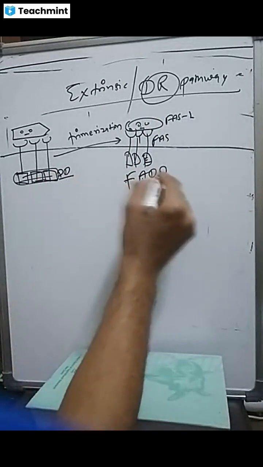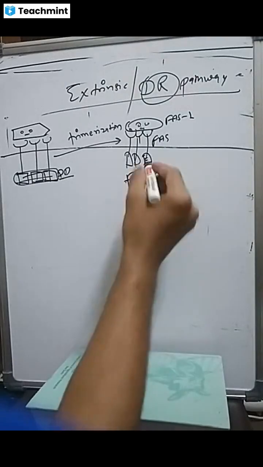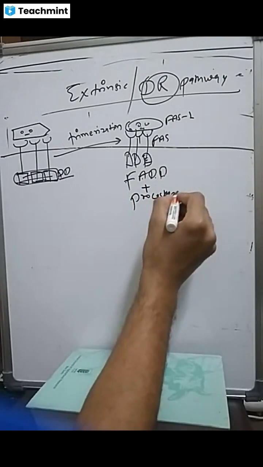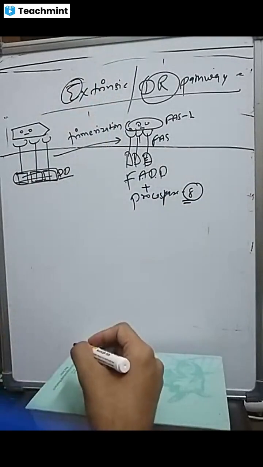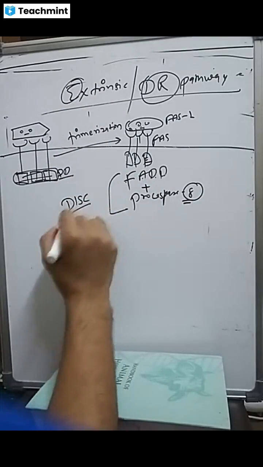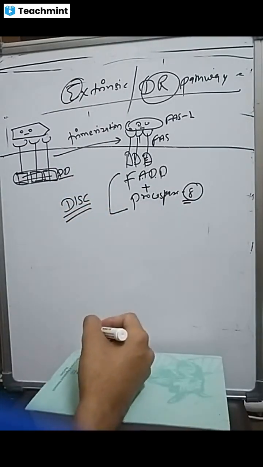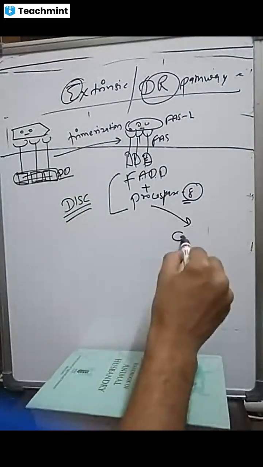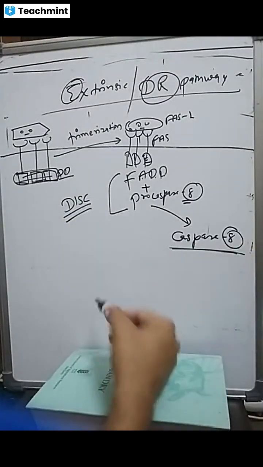It is called FADD, FAS associated death domain. When this combines with procaspase 8, why 8? Because E for 8, extrinsic is 8. This complex is known as DISC complex, death-inducing signaling complex, which activates this procaspase and it will become caspase 8.